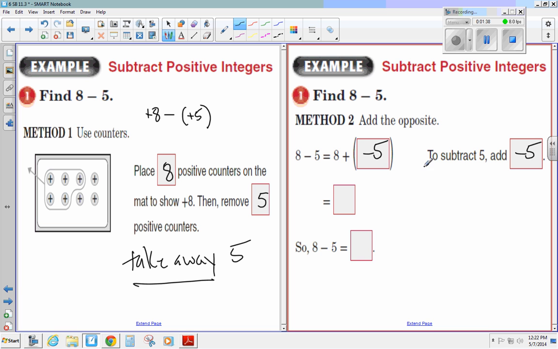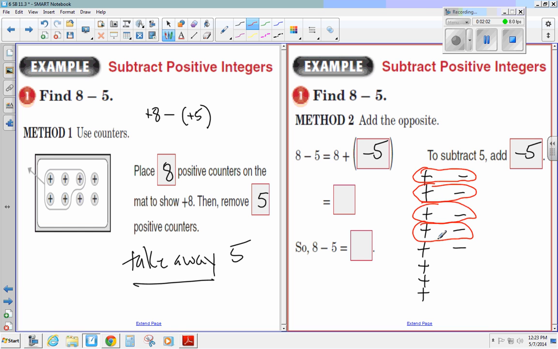And once you think of this as being the opposites, well, let's do 8 positive counters, and let's add to it 5 negatives. When that happens, remember that each positive and negative cancels out, becomes a 0.